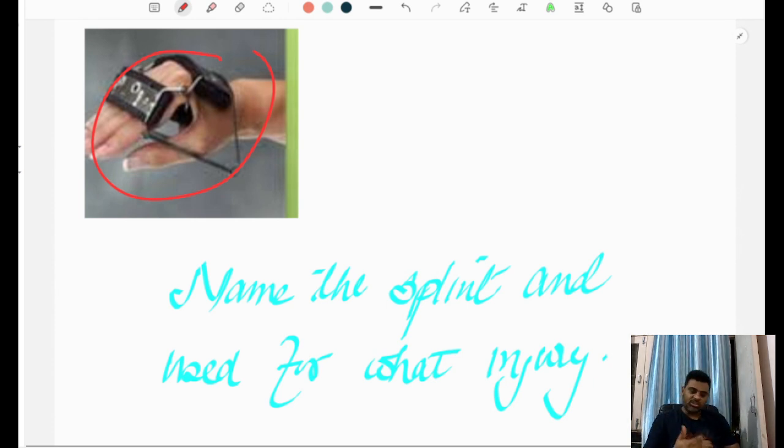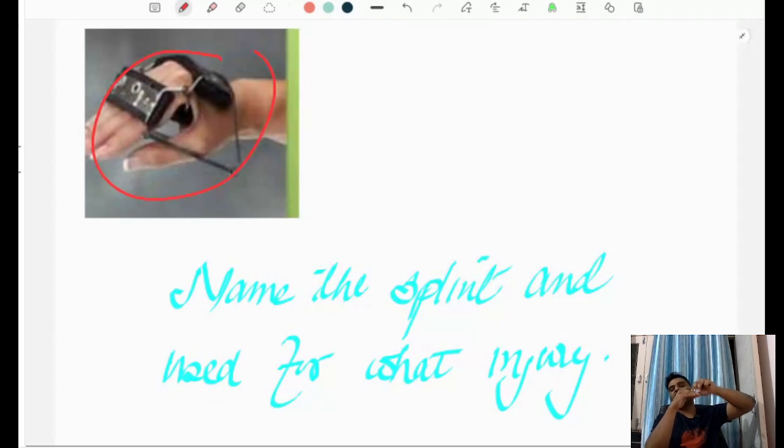So we have to use a splint which does just the opposite: flexion of the metacarpophalangeal joint and extension of the interphalangeal joint.